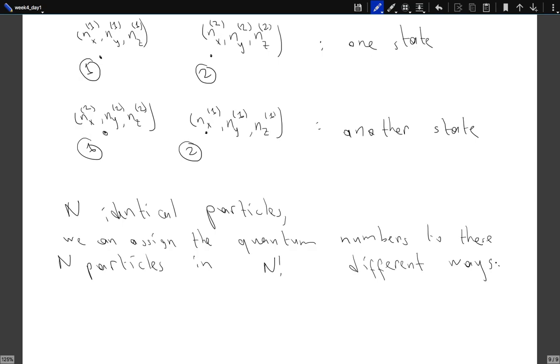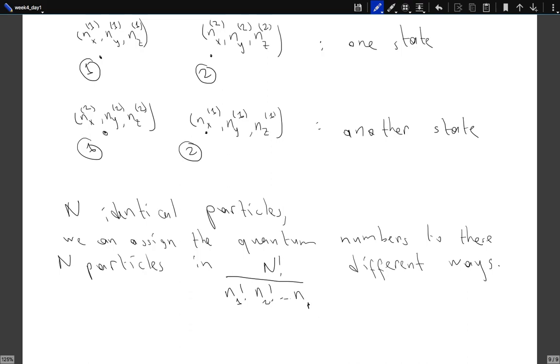Well, this is also not completely correct. You see, for each particle we are assigning basically 3 integers. If all these triplets are different from each other, then this is correct. That is, all of the particles are in different states. But if, let's say, 2 of them are identical, then just changing their position doesn't give me really a different assignment. So I should actually divide this by n1 factorial, n2 factorial, etc.